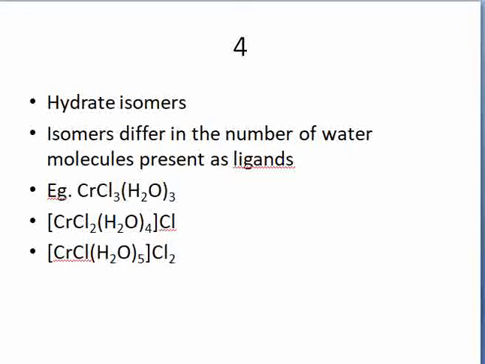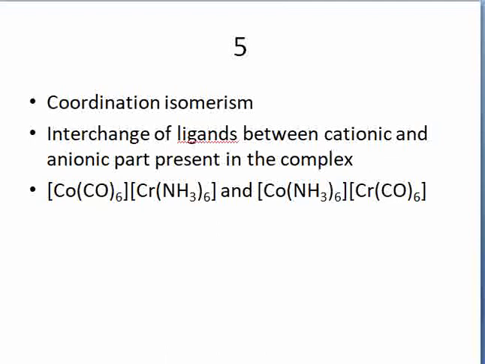Now the next one, coordination isomerism, which is the interchange of ligands. In a single complex, the cation part is also a complex and the anion part is also a complex.